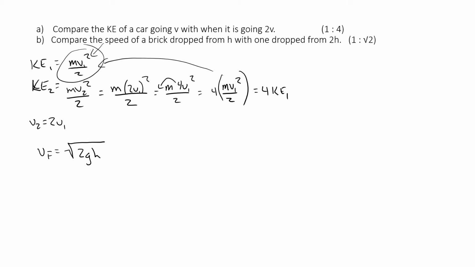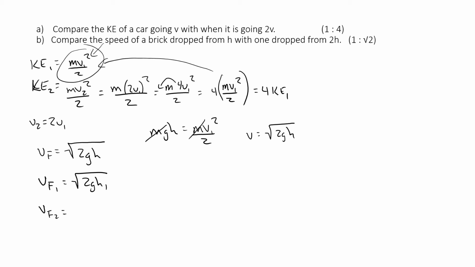Or if we want to look at energy equations, here's our gravitational potential energy, here's our kinetic energy at the end, and M goes away, so V equals the square root of 2GH when we solve that. Okay, so let's say VF1 equals the square root of 2GH1, and VF2 is equal to the square root of 2GH2, but H2 is equal to 2 times H1.